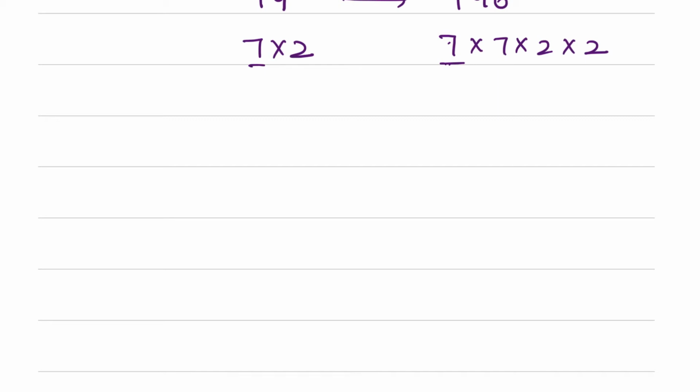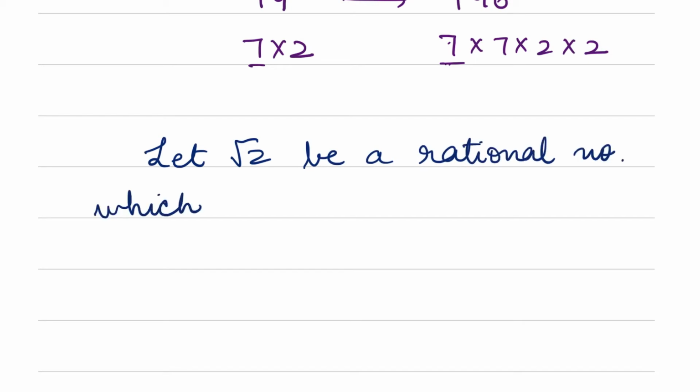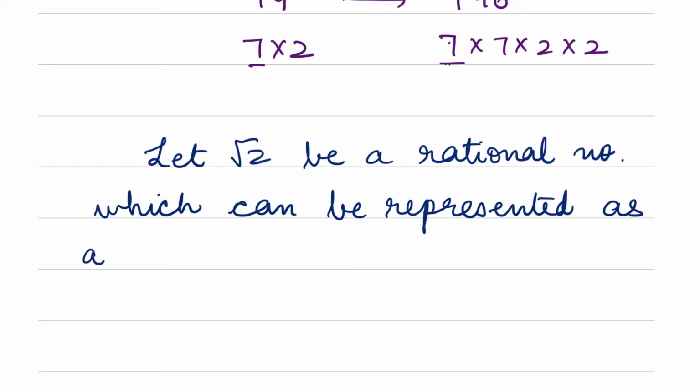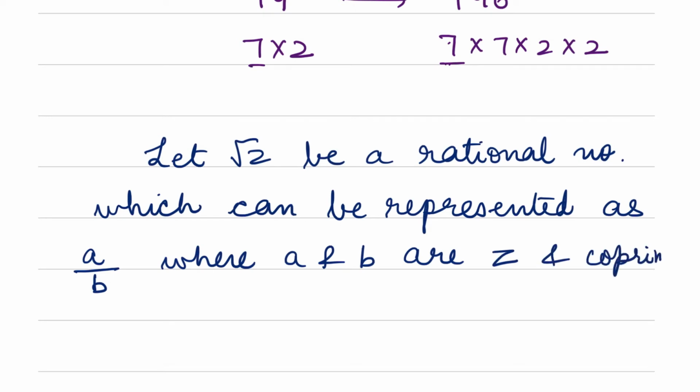So we can say let root 2 be a rational number which can be represented as A by B, where A and B are integers and co-prime and B is not equal to 0.